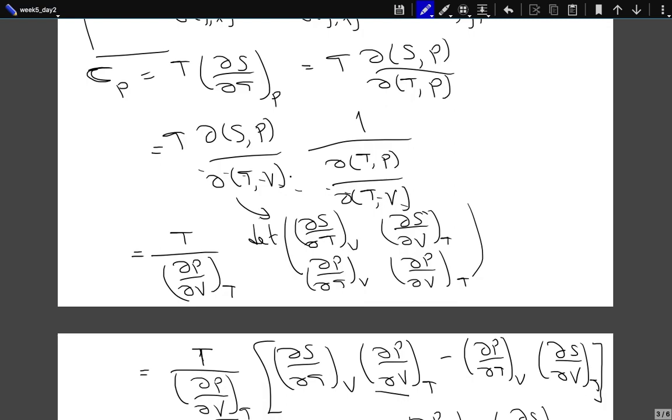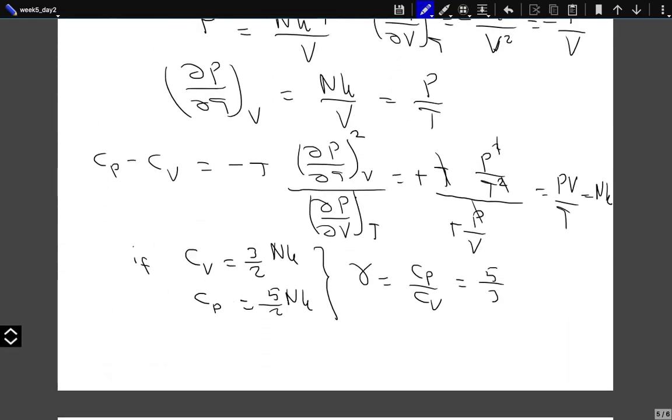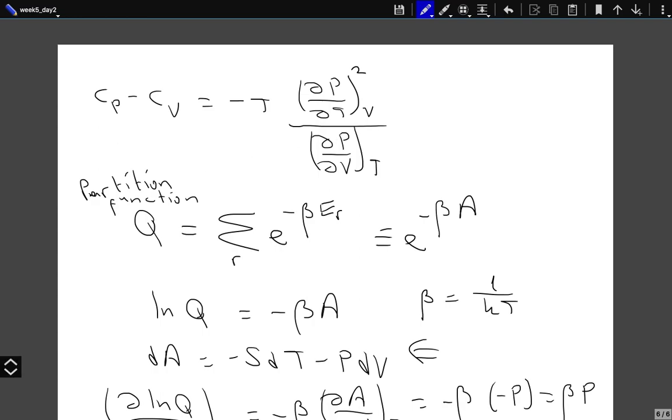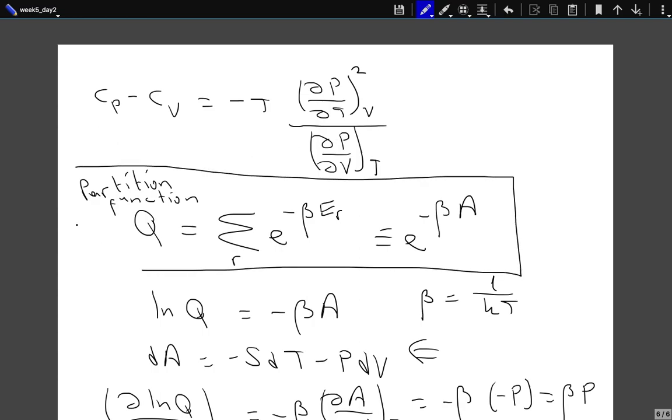It's much simpler than the alternatives, which are just kind of randomly playing with the variables and the chain rule. The second thing is this one. The rest of the semester will be mainly calculating this partition function, taking its derivatives, and then interpreting the results.